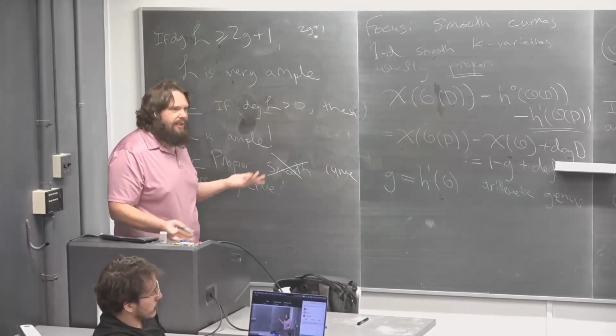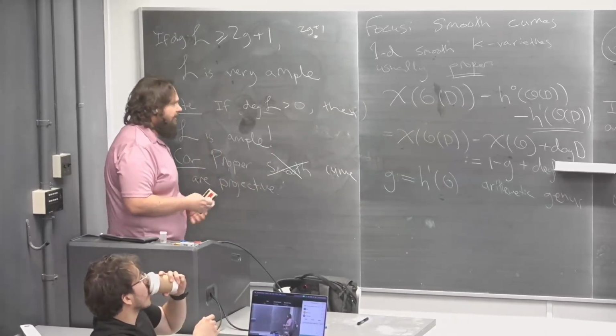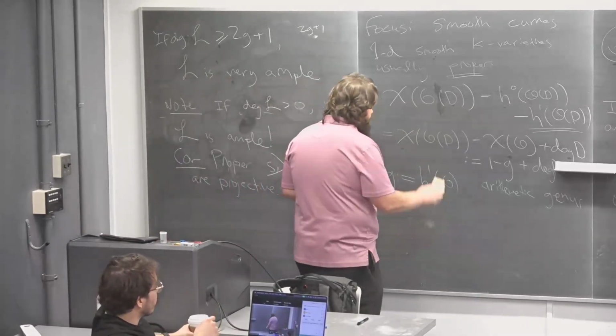So now let's talk about what this tells us. For example, if I fix the genus of a curve, what kind of interesting things do I find by doing this?